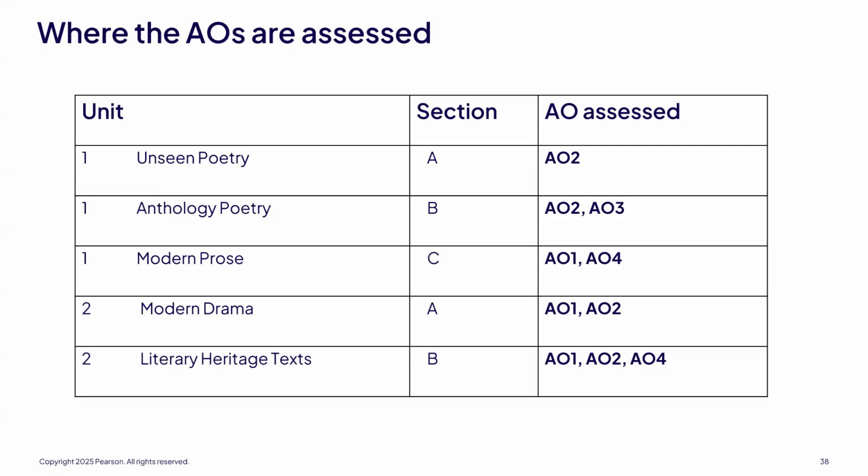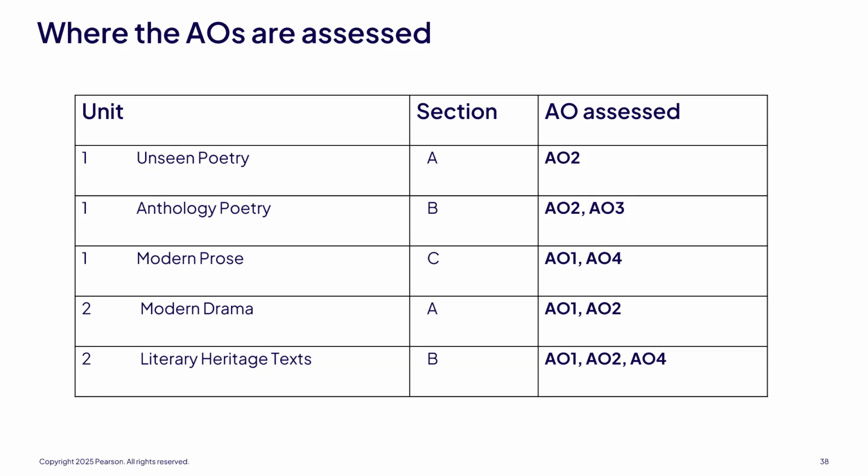Modern prose is AO1, so knowledge and understanding of text, the critical style, the informed personal engagement, the argument if you like, and AO4, the context. Modern drama is AO1 and AO2, and literary heritage is AO1, AO2, and AO4. So that's just a very, very quick recap.